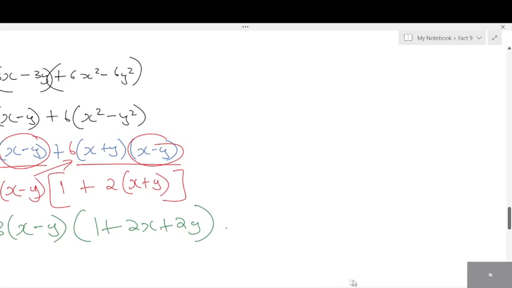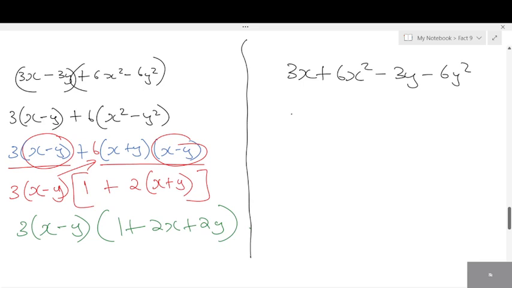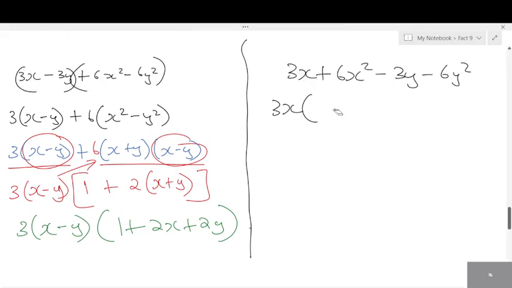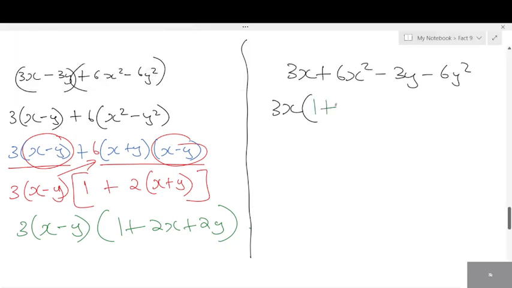Or if you want to rearrange, how do you rearrange this, students? 3x plus 6x square minus 3y minus 6y square. I'll even solve this. Whichever way you want, you all can try. So 3x is common. What do you get? 1 plus 2x.